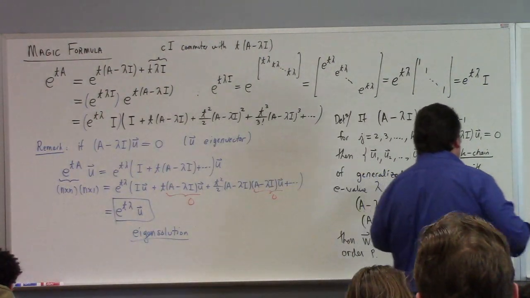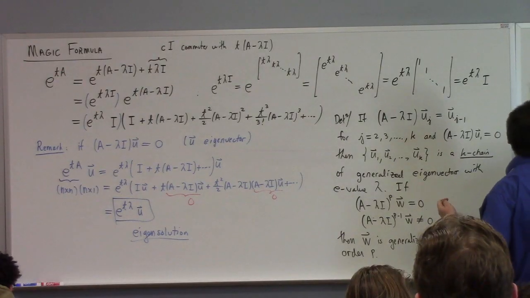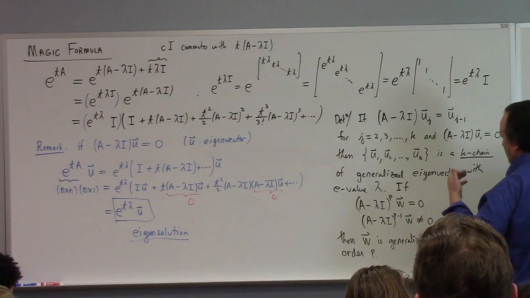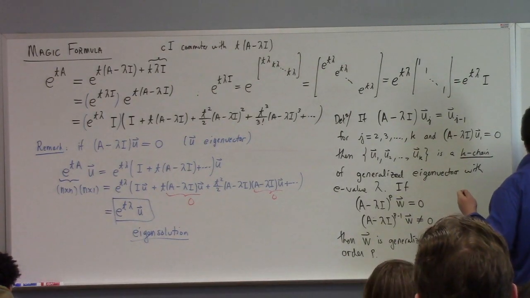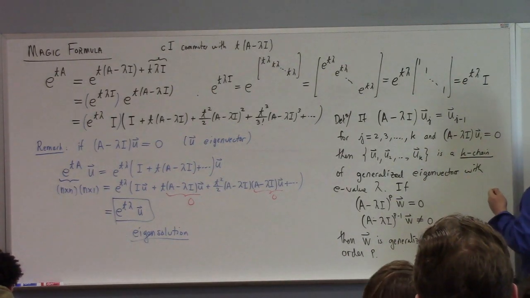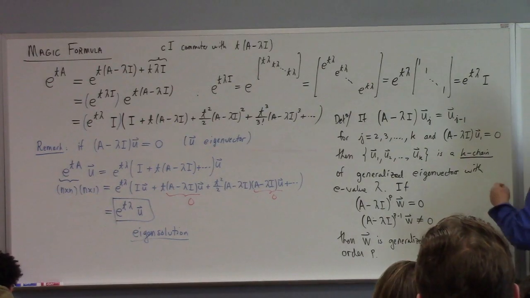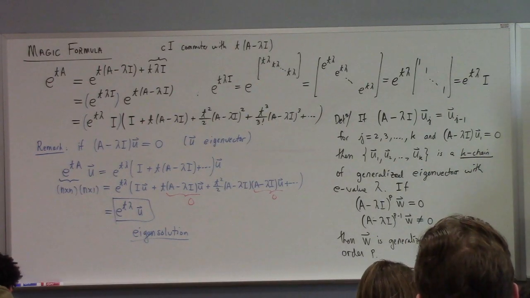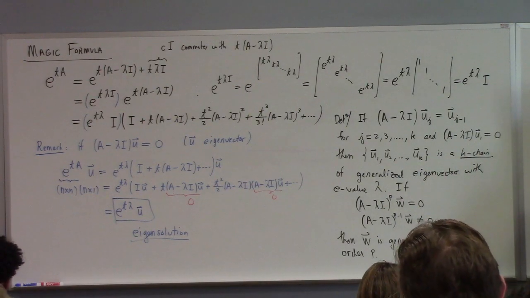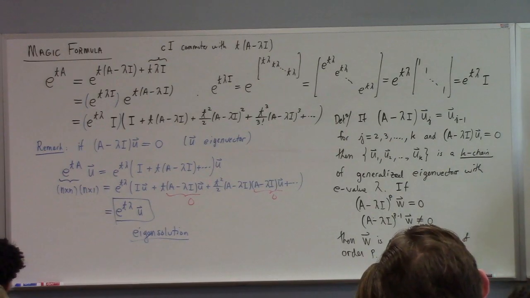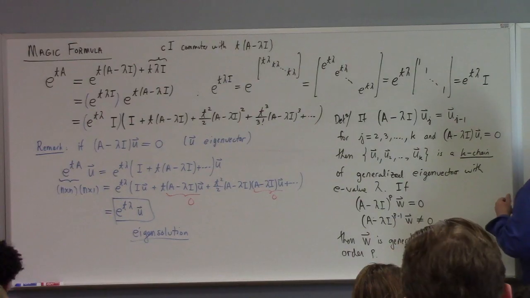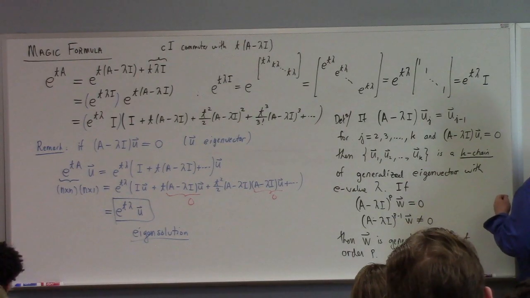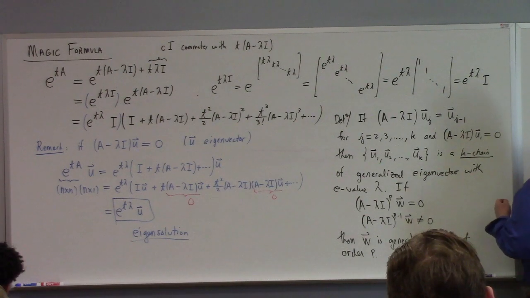And the theorem here that we can state, and we should probably work this out, is that given a k chain as just described over there, we can prove that (A minus lambda I) u1 is equal to 0.